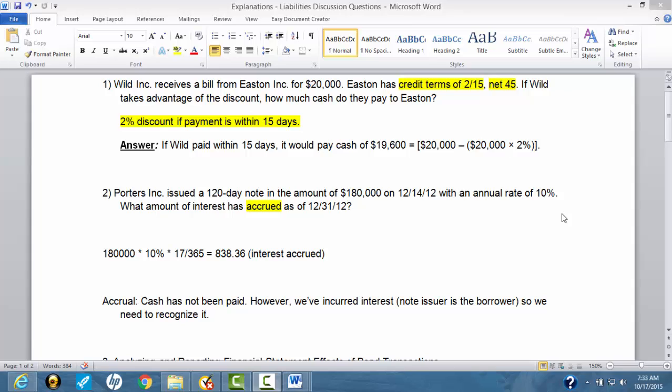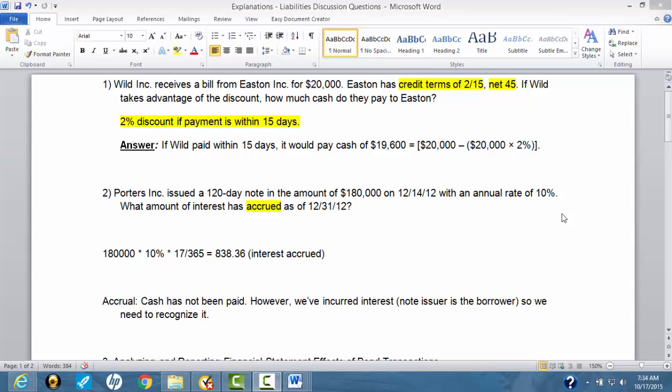And then under long-term or non-current liabilities, which would mature in more than 1 year, typically, we have long-term notes payable, bank loan payable, bonds payable.